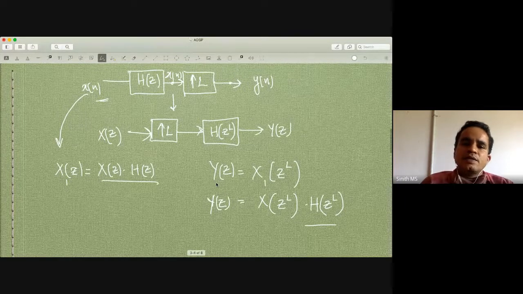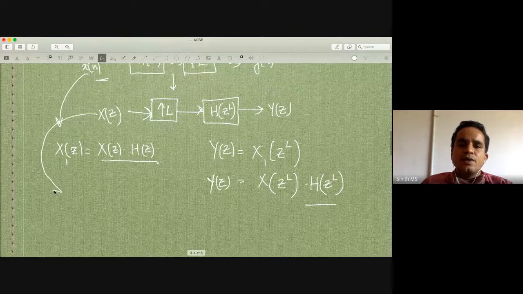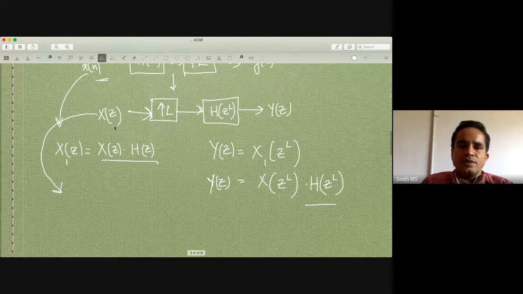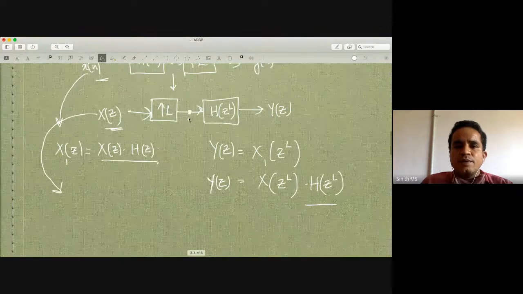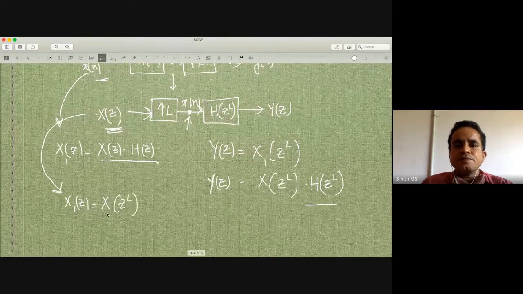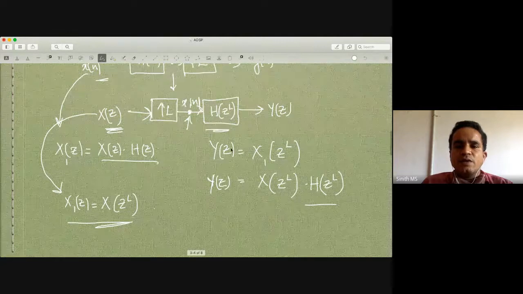Now let us consider the second case where you have an upsampler followed by H(z^L). So you have X(z) here. Whatever you have here, let us call this again x1(n). In that case, X1(z) will be X(z) passed through an upsampler, so that will be X(z^L). Now, if that is X1(z) and you pass it through the filter H(z^L), what will be Y(z)?